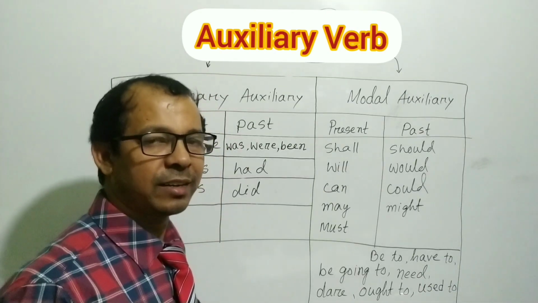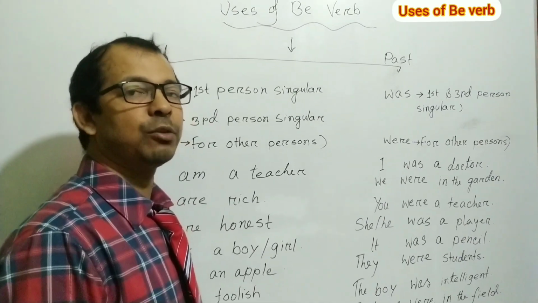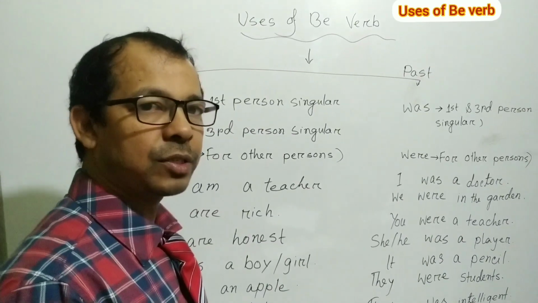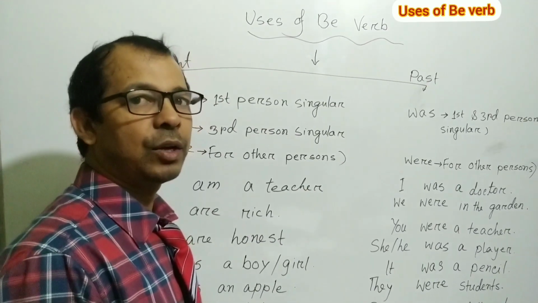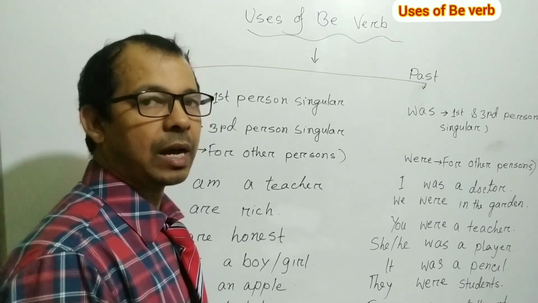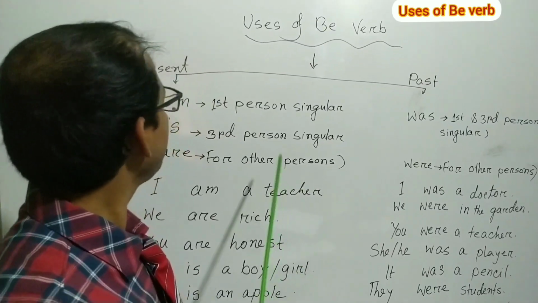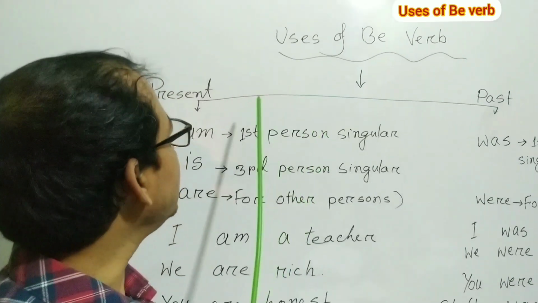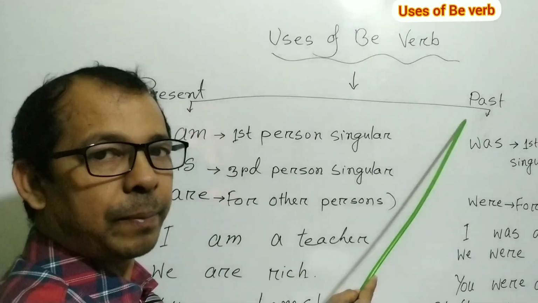My dear student, now we will learn the usage of be verb. So my dear student, at first we have to know what the be verbs are and which persons they are used with. Be verbs are used in two forms: present form and past form.